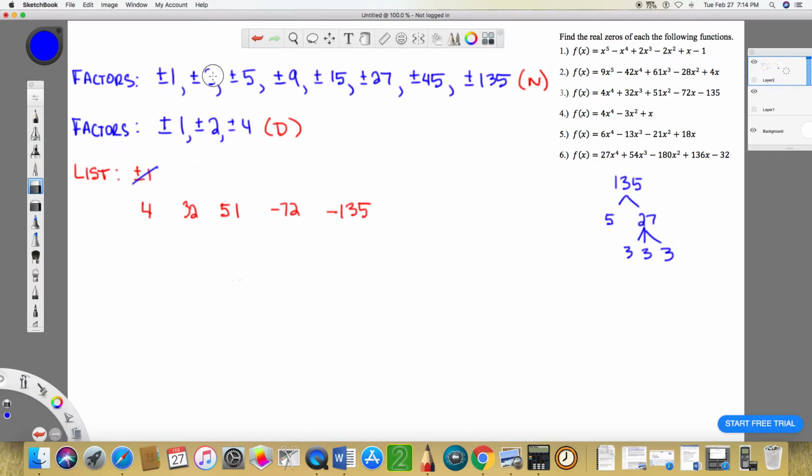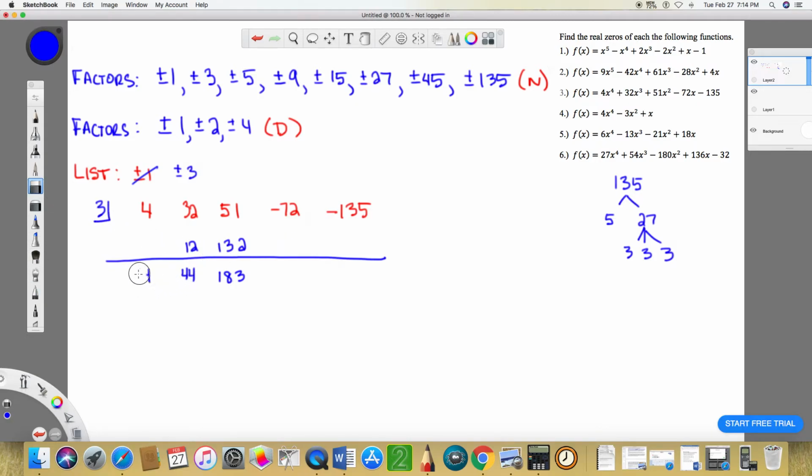So the next number in the list would be 3 divided by 1. So we'll check positive and negative 3. If we check 3, could it give us a 0? Definitely not, because this is getting up to 300. There's no way.